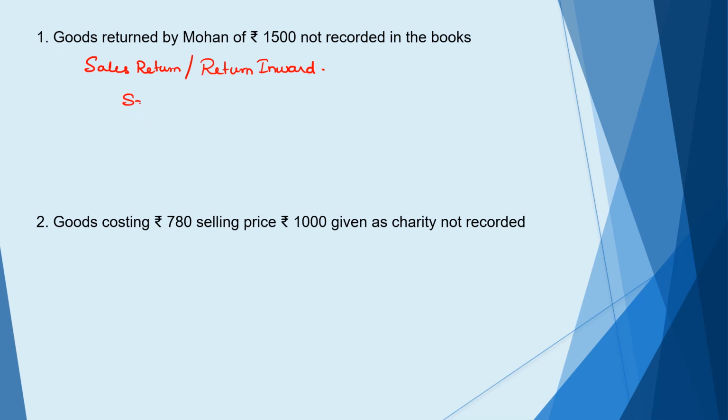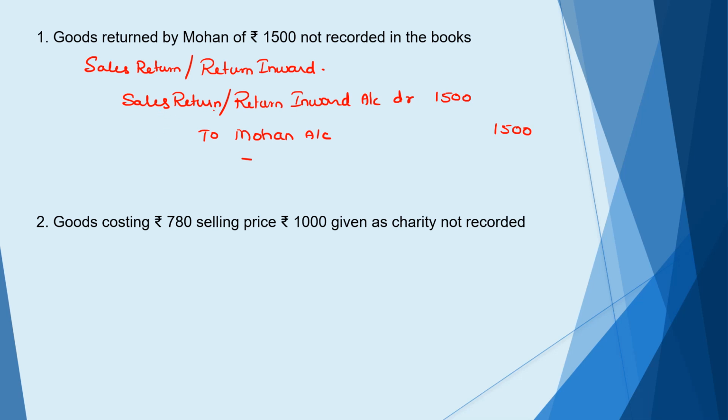We pass an entry of debiting the sales return or return inward account, and we credit the particular debtor account, in this case Mohan's account. This entry should have been passed in the books, but when the goods were returned by Mohan, the goods were taken back, but the entry was not passed.